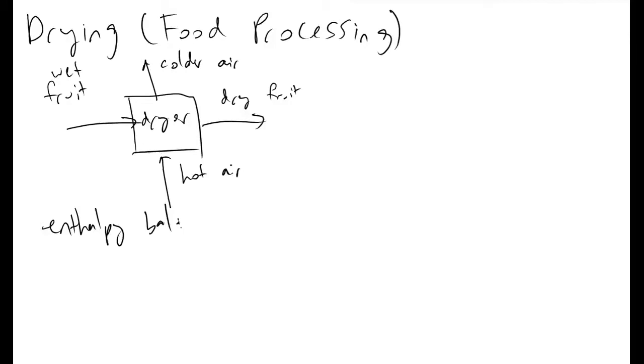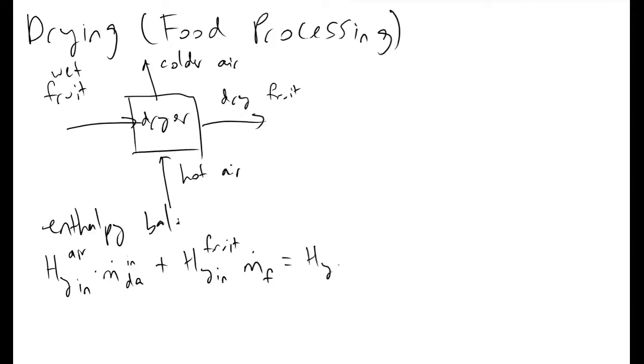So the enthalpy balance would tell us that in this symbol, H_Y, the specific enthalpy in of the air, times the mass flow rate of dry air in, plus the enthalpy in of the fruit times the mass flow rate of the fruit, must be equal to the enthalpy leaving our system, so H_Y out of the air times the mass flow rate of dry air out, plus the enthalpy leaving our system in the drier fruit times the mass flow rate of the dry fruit.